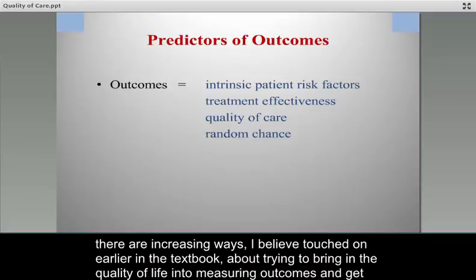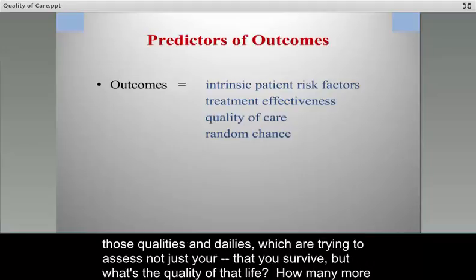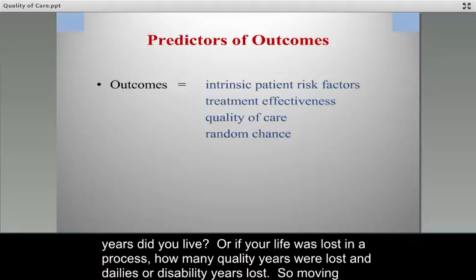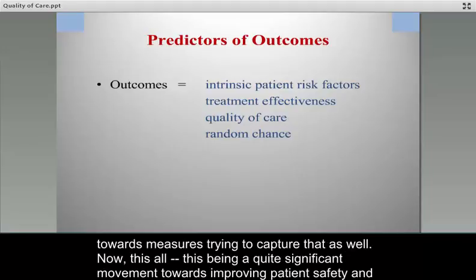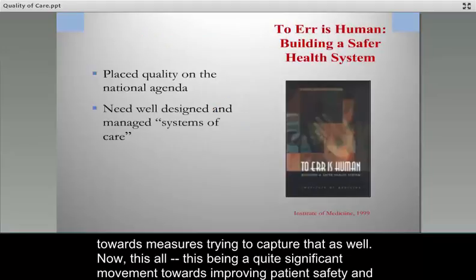There are increasing ways, I believe touched on earlier in the textbook, of bringing quality of life into measuring outcomes, with QALYs and DALYs, which try to assess not just that you survive, but what's the quality of that life? How many more years did you live? Or if your life was lost in a process, how many quality years were lost? DALYs are disability-adjusted life years lost. So we are moving towards measures trying to capture that as well.